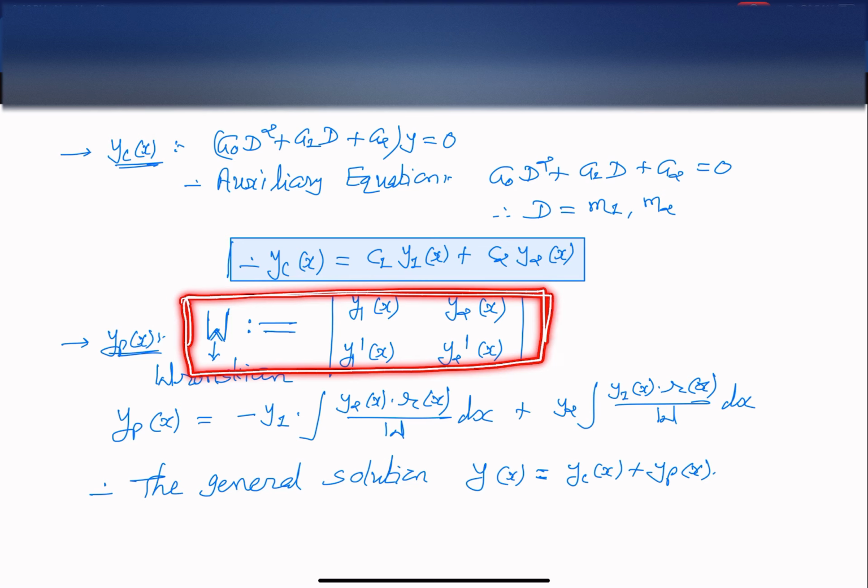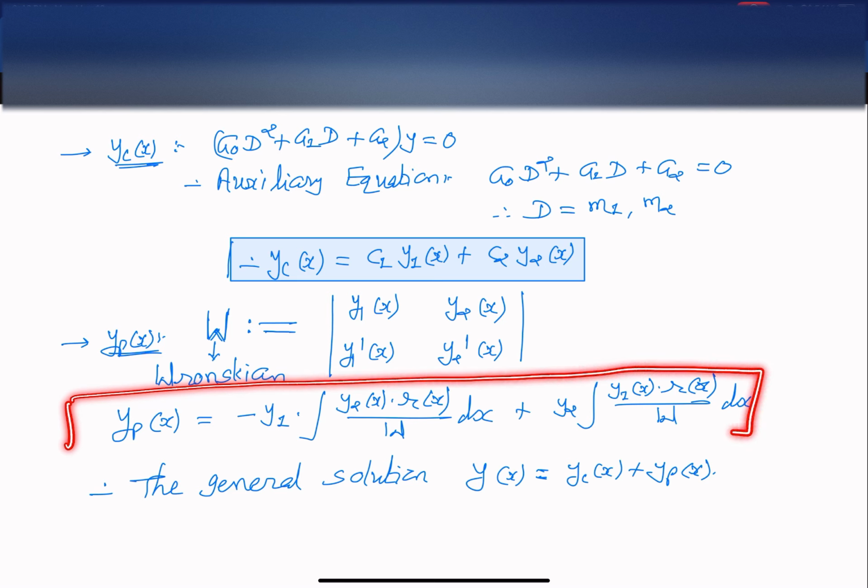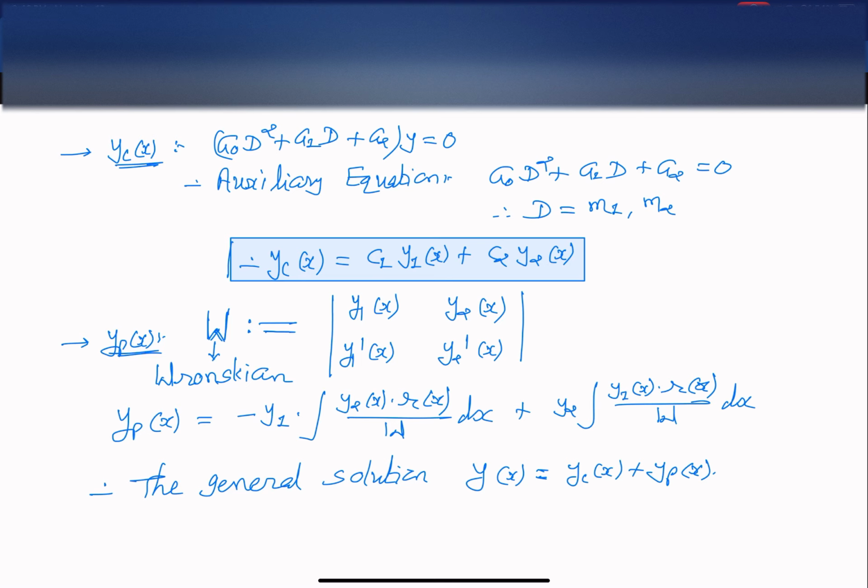There must not be any mistake in evaluating this Wronskian. Then I apply this formula. And this is not difficult to memorize. But see, here in the denominator we have W. So what happens if W is 0? But here y1 and y2 are always linearly independent.